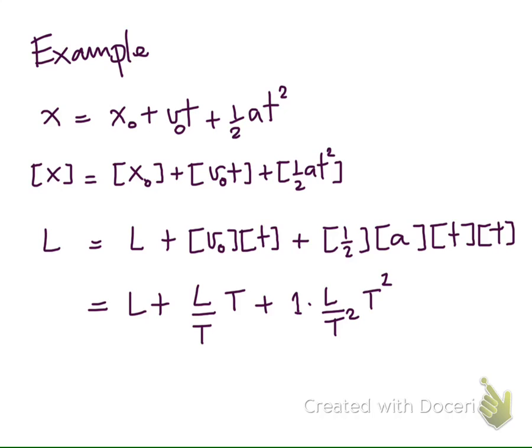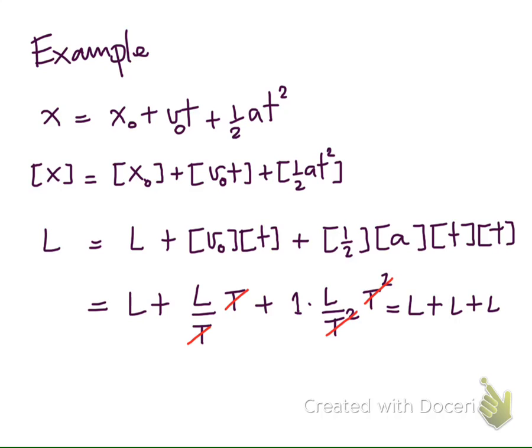So you can see that the T and T here can be cancelled, the T squared and T squared here can be cancelled, so you have the dimension of L plus L plus L. We never say that this is a dimension of 3L. There is no meaning, because this is the dimension of L and L and L, and this is L, the length.